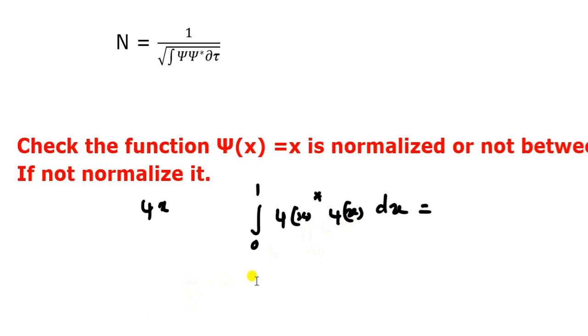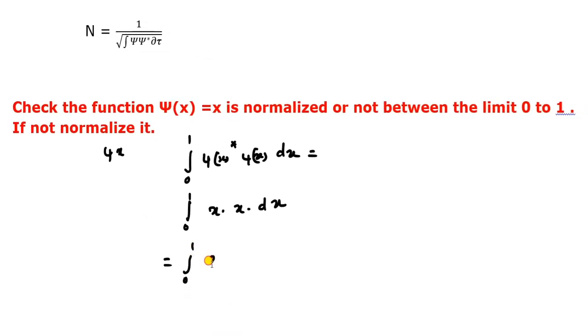So this is equal to the integral from 0 to 1 of the wave function x into x into dx. So this is equal to x squared dx, and this is equal to x cubed by 3, with the limit 1, 0.